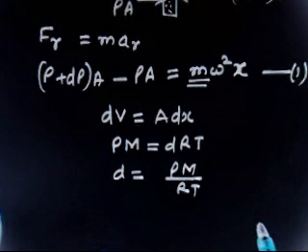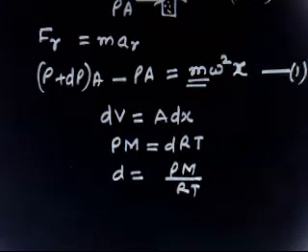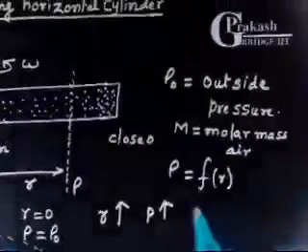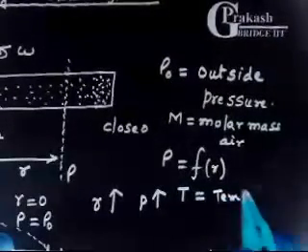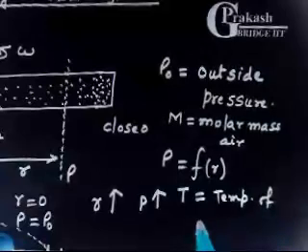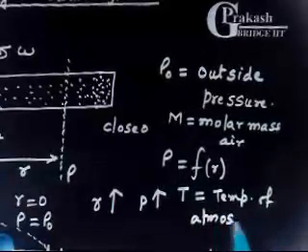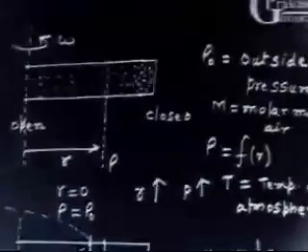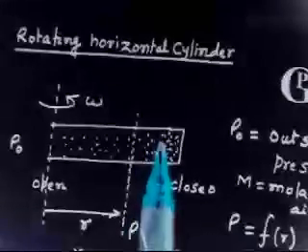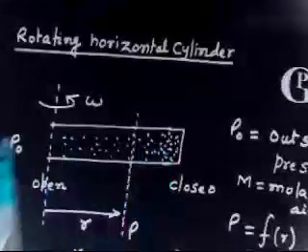In this question the temperature of the atmosphere is given to you, and everywhere there is the same temperature. So at this point, this point, or this point, you have the same temperature T.